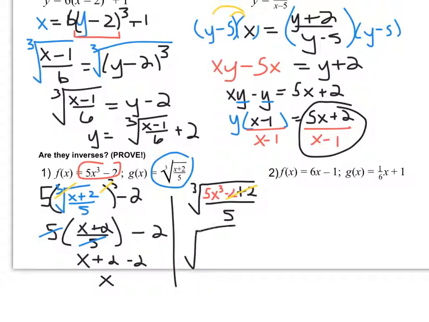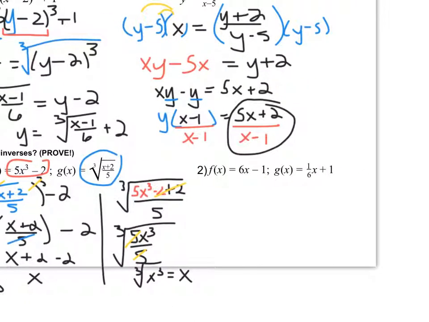So then I'd have cube root of 5x cubed over 5. Then the 5's would reduce to 1. And I'm left with cube root of x cubed, which does give me x. So yes, these are inverses. And that's how we prove that they're inverses.